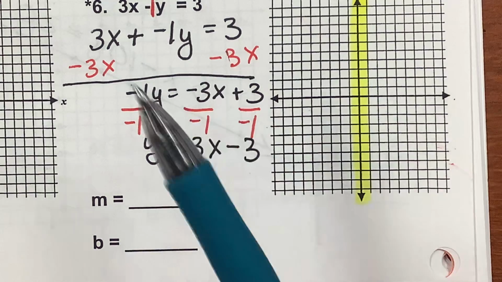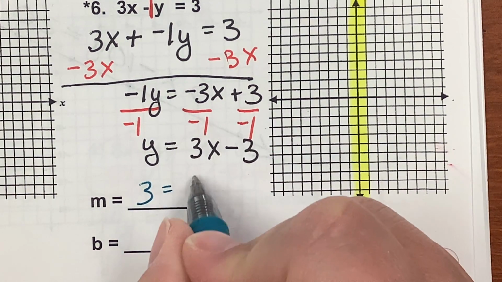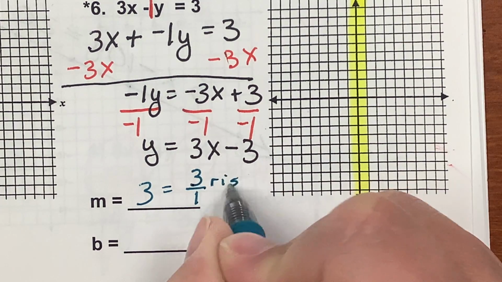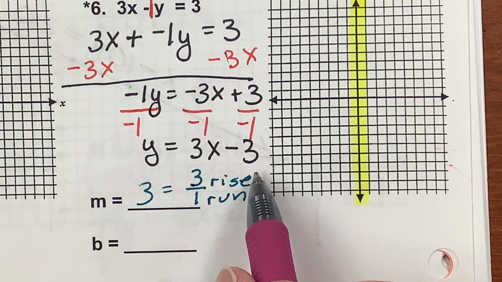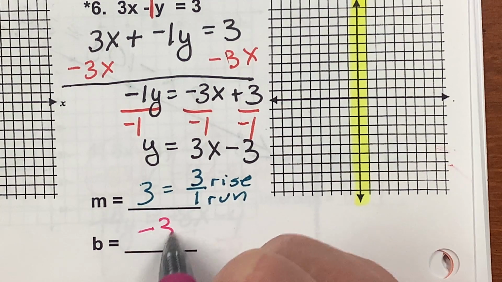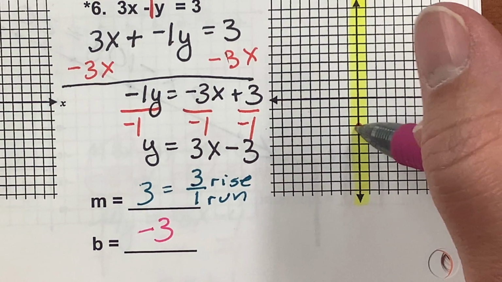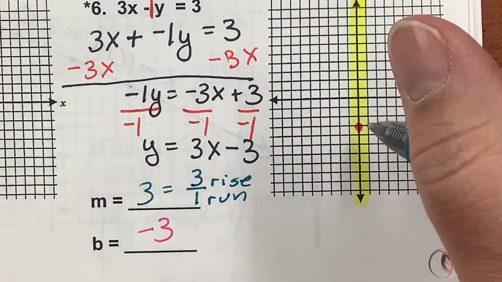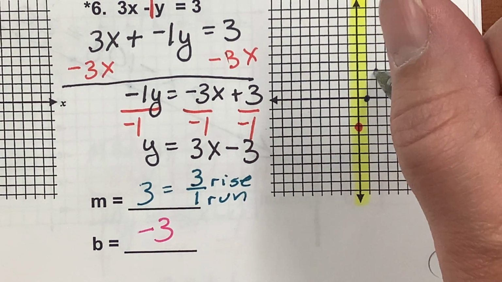So now I have plus 3, and I want it to be a rise 3, run 1. I'm going to begin at the B, which is negative 3. So here I go, negative 1, negative 2, negative 3. I'm going to rise 3, run 1. Rise 3, run 1.